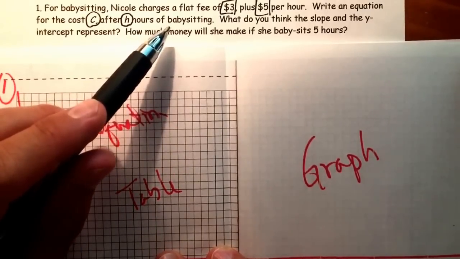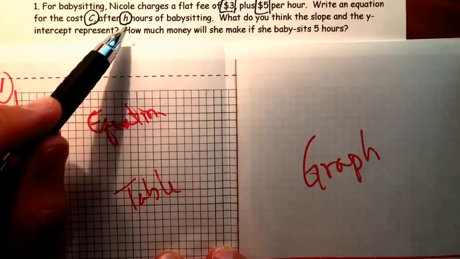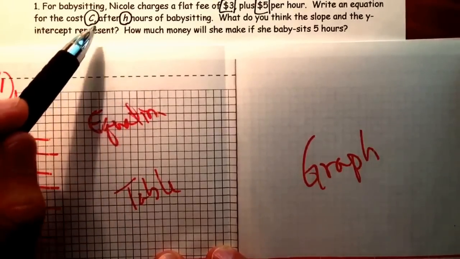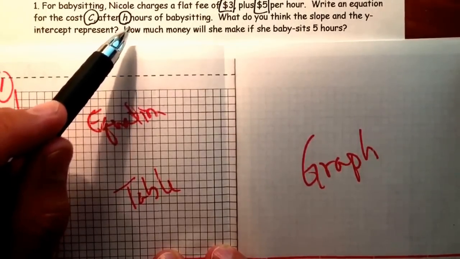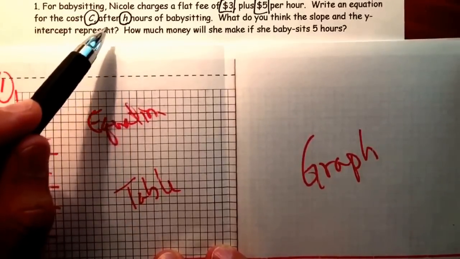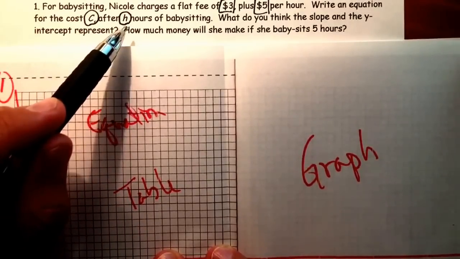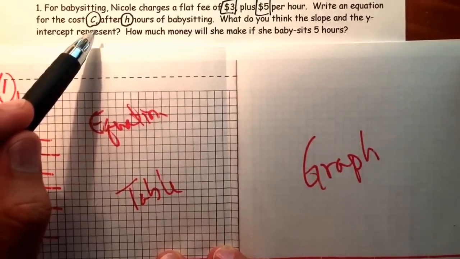Well, when you're babysitting, what comes first? What's the cause? Do you babysit and then get paid, or do you get paid an amount of money and then you work for a certain number of hours? I don't know if you've babysat before, but usually you babysit for a while and then you get paid. So it's usually hours, time, that is the independent variable and C is the dependent variable.